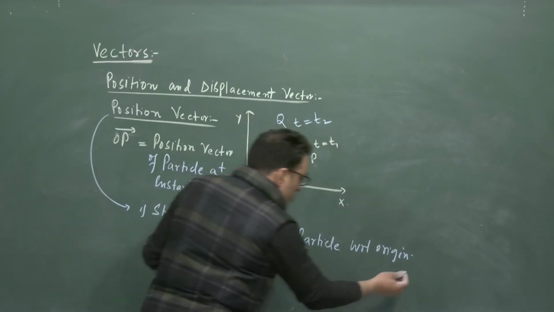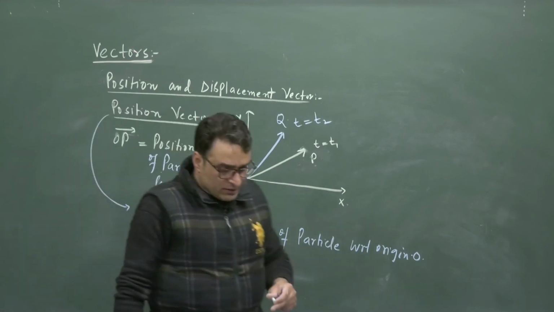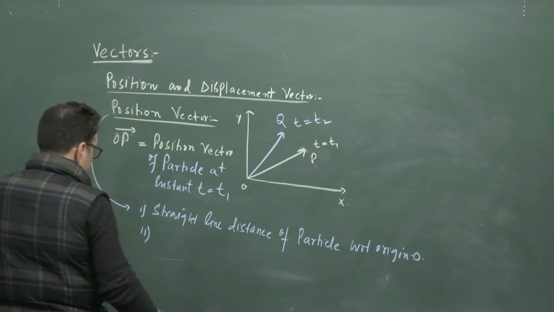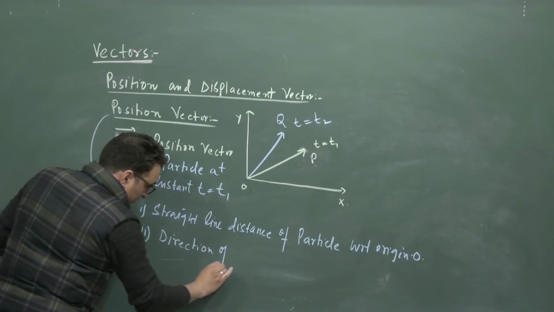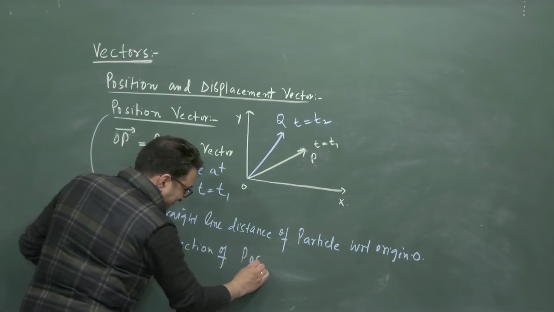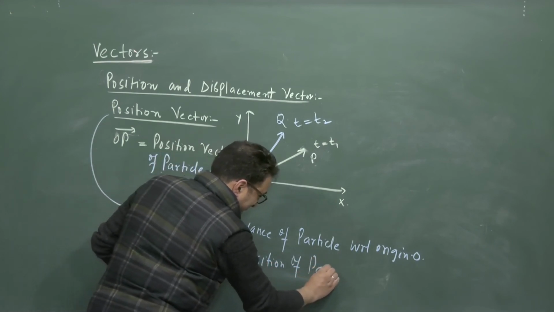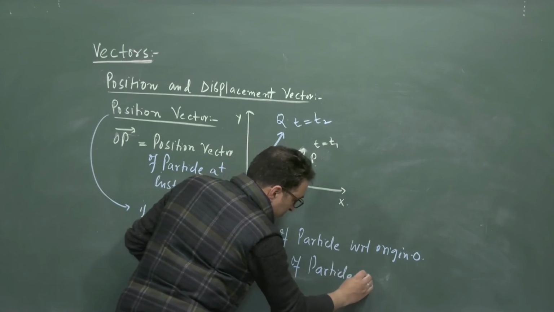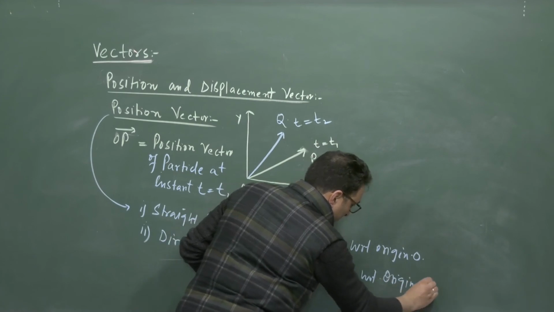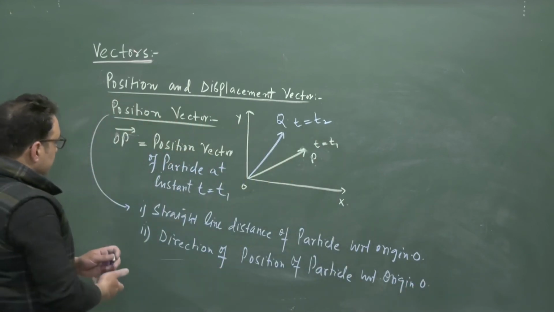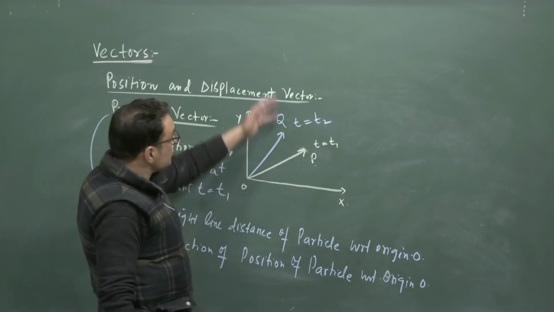The origin here is O, and second, it gives the direction of the position of the particle, again with respect to origin O. See the direction of the position vector OP and see the direction of the position vector OQ.